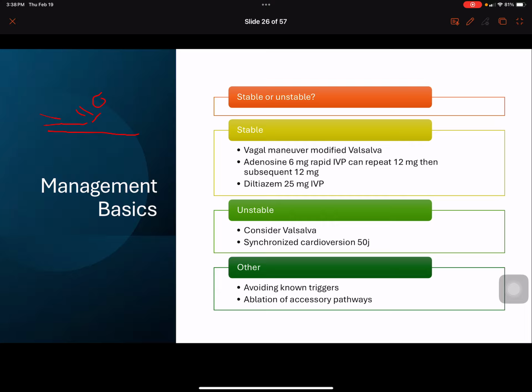If that doesn't work, we're going to go to either adenosine or a calcium channel blocker. I would say most commonly we see calcium channel blockers used in AFib with RVR, but there is plenty of evidence that using them in AVNRT works really well. And it's a lot more comfortable for the patient, without the horrible side effects like the feeling of impending doom that adenosine can cause.